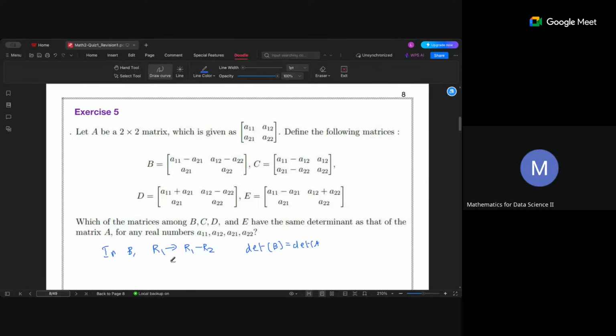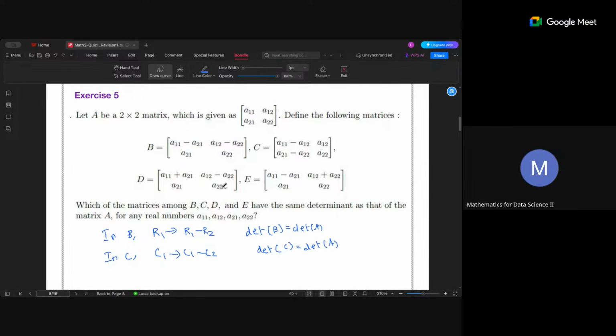What is the operation done in C? C1 minus C2. A similar kind of column operation, so this will also not affect the determinant. Right? Are there any specific row operations which you can identify in D and E?